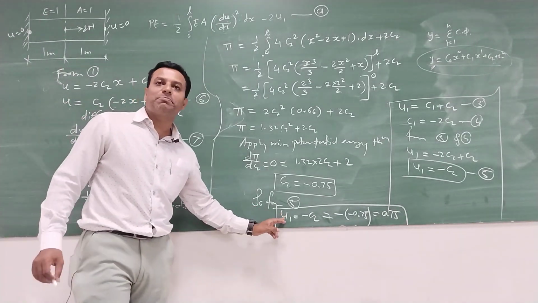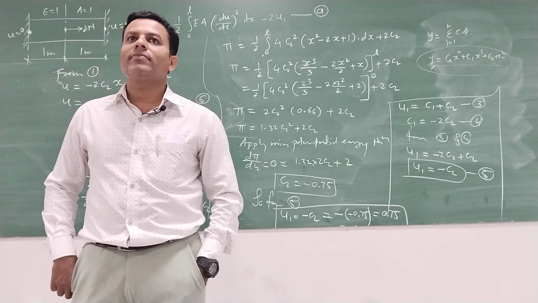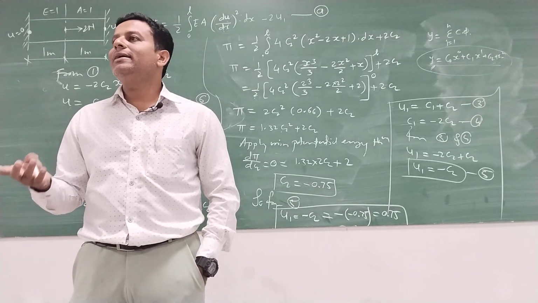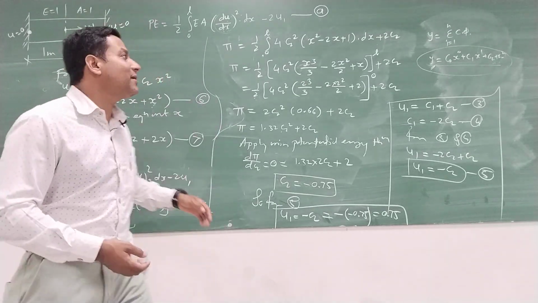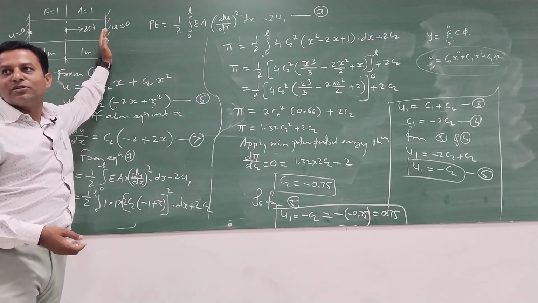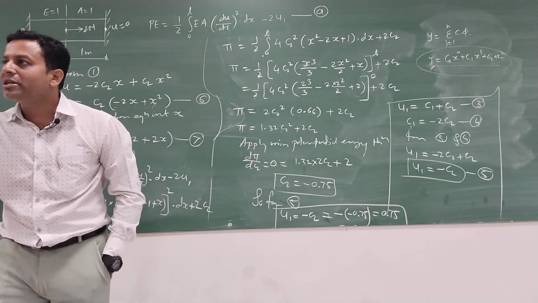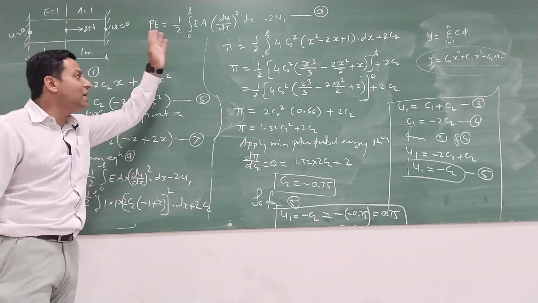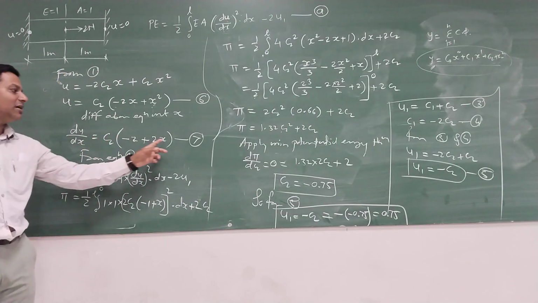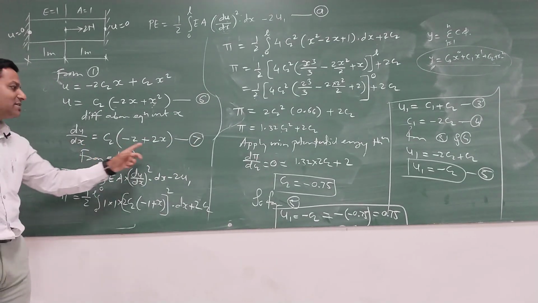If U is displacement, then what will be the strain? du by dx will be the strain. What are we taking as x? Length. We measure the length in terms of x. So displacement divided by length will be the strain value. So just see du by dx. Where do you see it? Here. Equation number 7 is nothing but your strain.